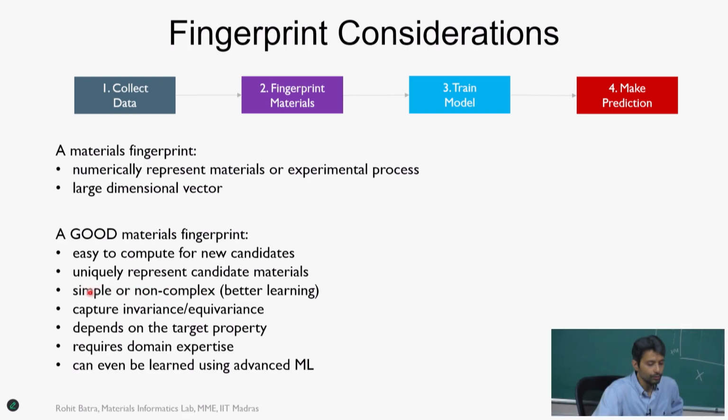I will not be able to go into detail on the third point, but the simpler your fingerprint, the lower the dimensionality of your fingerprint, the better the learning may happen. Basically, you have to look for a simplest enough representation of your material to be able to do good learning.